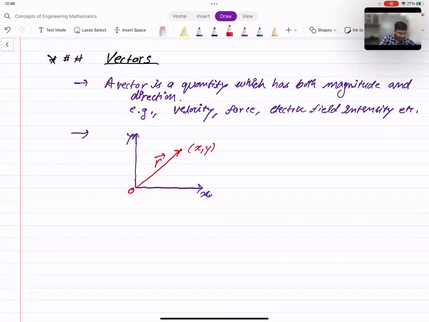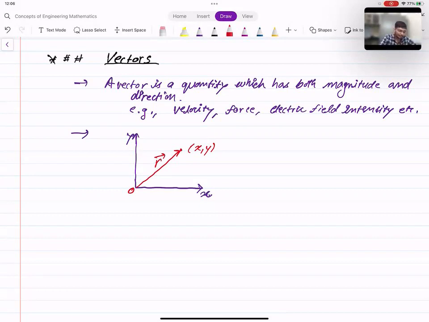It has a magnitude of say r. We will see how the magnitude is calculated, and the direction is represented by this arrow. The tip of the line which has the arrow sign is known as the head of the vector, and the other end which does not have any arrow is known as the tail of the vector. And the direction is from tail to head.